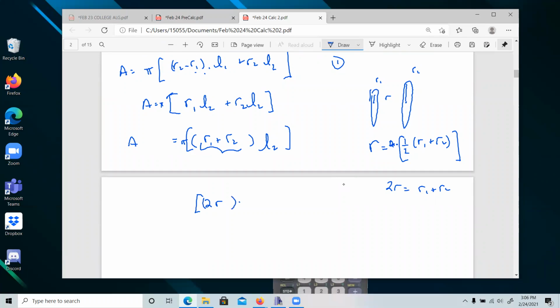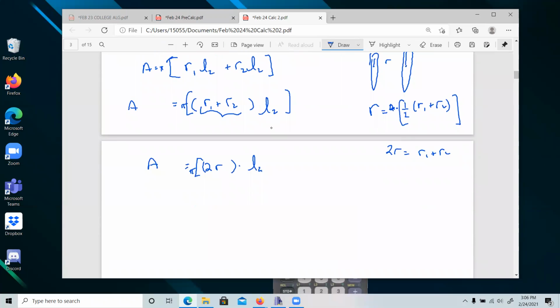Times L2. Okay, and that is equal to my area. Oh, there's a pi. So rearranging a little bit, my area is equal to 2 pi r L2.